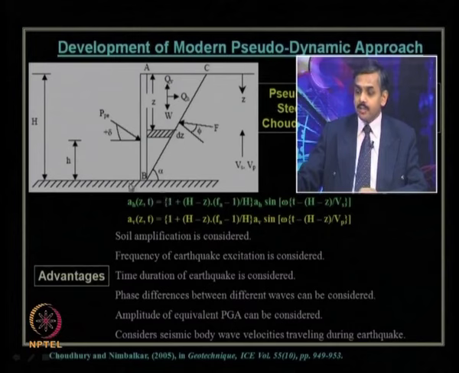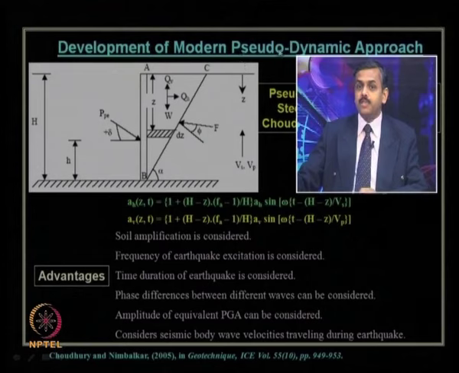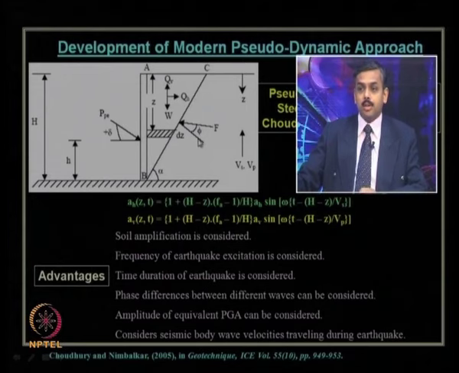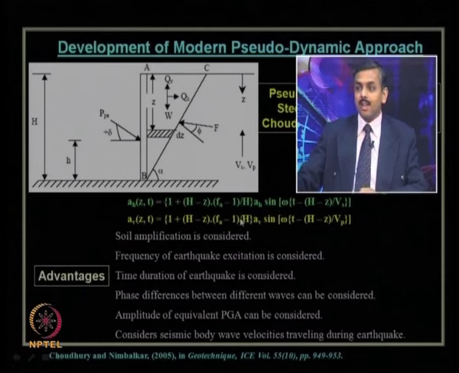Now, the seismic accelerations which are considered for the analysis are expressed in the form of a sinusoidal motion. That is why the name pseudo is still there. One can always ask why this dynamic approach still has that component of the name, pseudo. The reason is that earthquake motion will be random in nature. It will not follow any sinusoidal or any particular mathematical function.